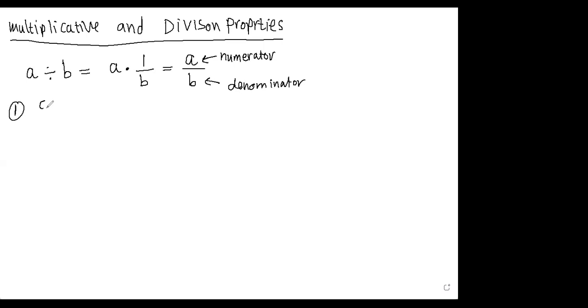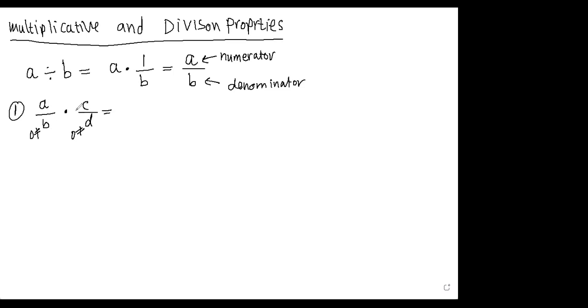The first one says: the fraction A over B times the fraction C over D, such that B and D are not equal to 0. Why are B and D not equal to 0? Because you can't divide by 0, and it gives an undefined number.